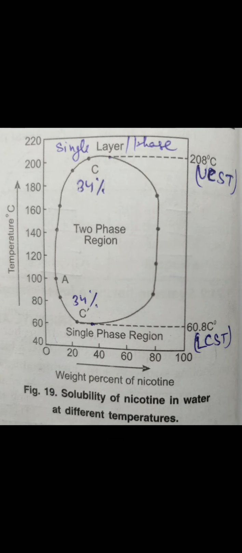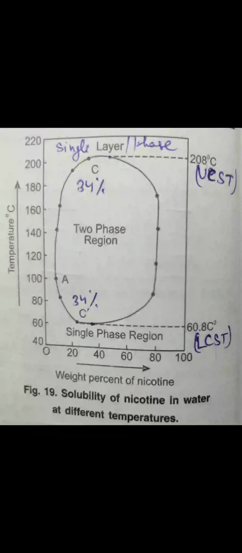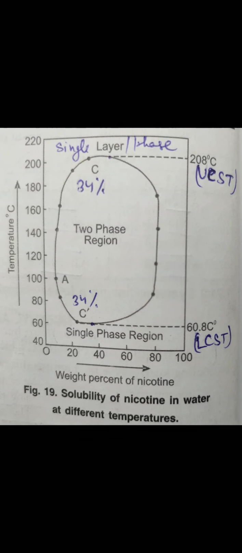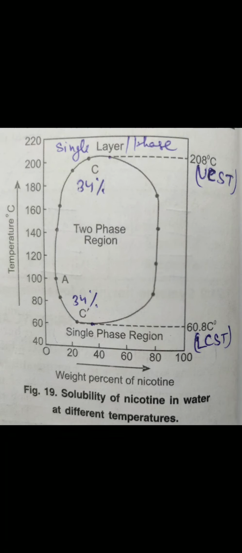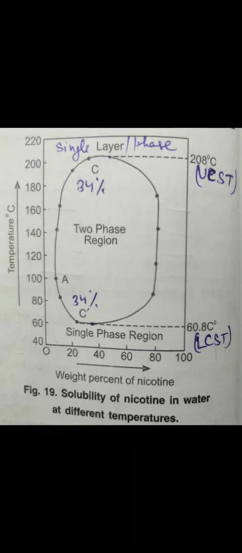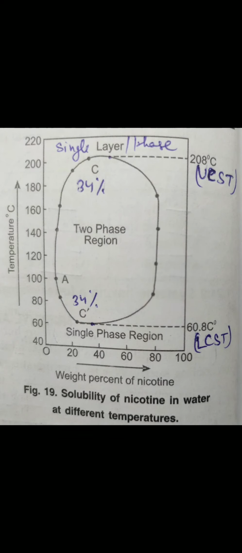Now again, if I cool down this system from a higher temperature, from the topmost temperature towards lower temperature, then this system attains lower critical solution temperature at 60.8 degrees Celsius. What it means?